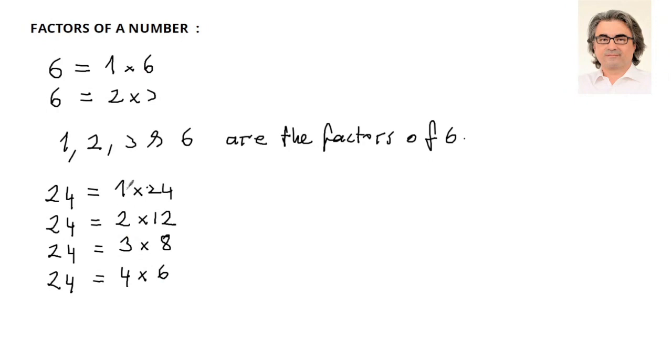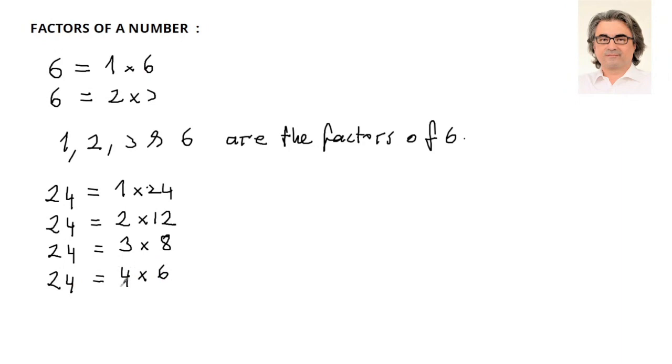Now, I wrote here multiplication of two numbers. The first number was 1 and the second is 24. Their multiplication is 24. Then the first number, as you see, increased: 1, 2, 3, and 4. And when the first number increases, then the second number decreases, of course, to find 24.